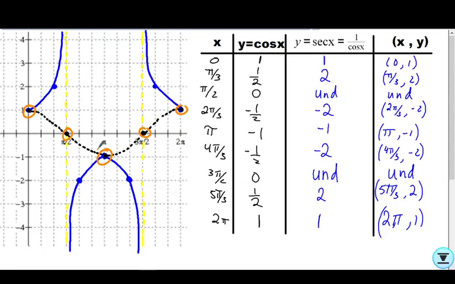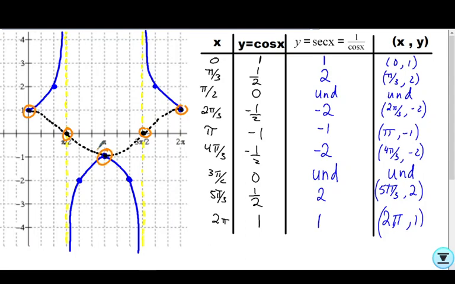Okay. So again, just like with cosecant, I start with sine and I use that to graph cosecant. When I graph secant, I transform the cosine wave, those 5 key points, and those 5 key points are still what's going to tell me where everything happens in secant.